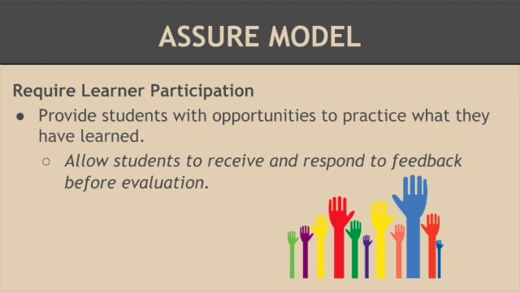The fifth step of the ASSURE model is to require learner participation. This is where students participate in the learning activity for the lesson. This can be achieved through higher-order questions, hands-on problems, and any opportunities to practice and apply knowledge and skills. Effective learner participation requires that students have opportunities to receive feedback and guidance before being formally assessed on the knowledge and skills learned.